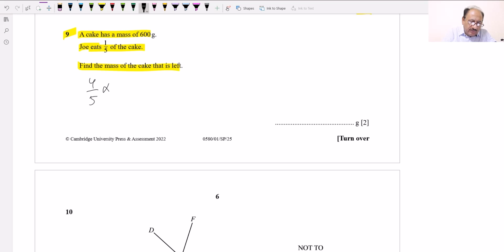So 4 by 5 multiplied by 600 grams, and after cancellation, 5 ones are 5, 5 12s are 60, so it will be 480 grams, and our answer will be 480 grams, and it is for 2 marks.